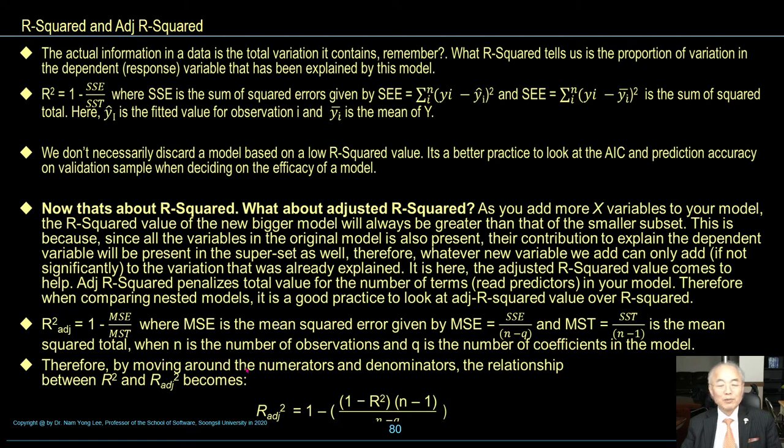Therefore, by moving around numerators and denominators, the relationship between R square and adjusted R square becomes: adjusted R square is equal to 1 minus (1 minus R square) multiplied by (n minus 1) over (n minus q).